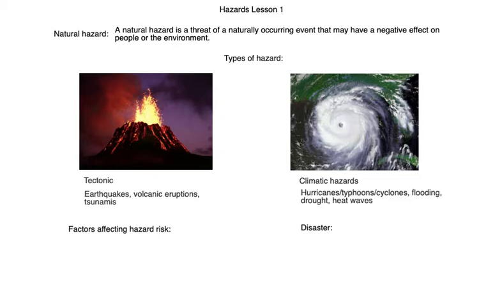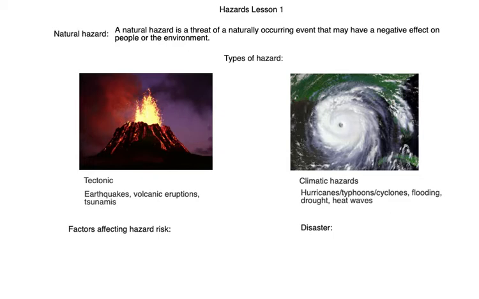For example, you might have heard of the Chernobyl disaster, which was a big nuclear power plant explosion. It's also oil spills and global warming. But in this topic, we're going to focus on the two main types of natural hazards, and that's definitely tectonic and climatic.